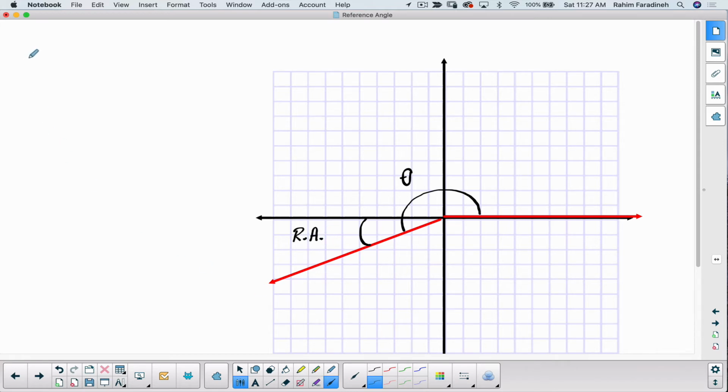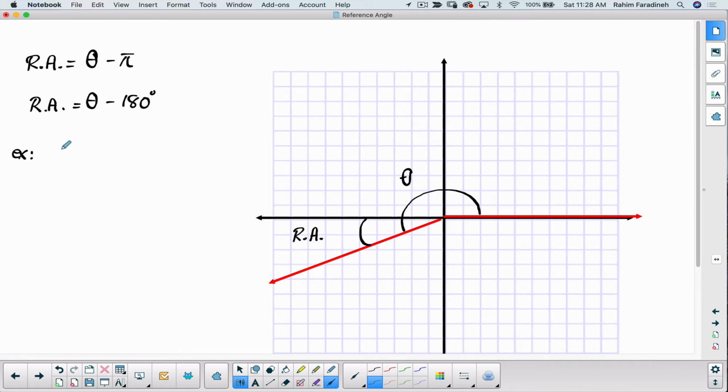In order to find it in the third quadrant, the reference angle will be our angle theta minus pi if it's in radians, or the reference angle will be theta minus 180 degrees if it's given to us in terms of degrees.